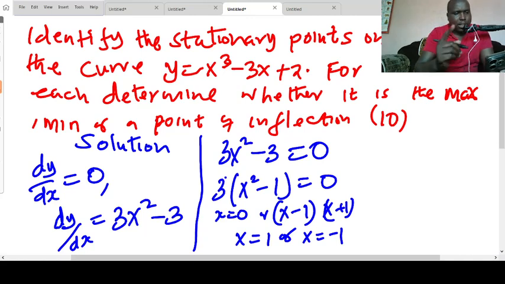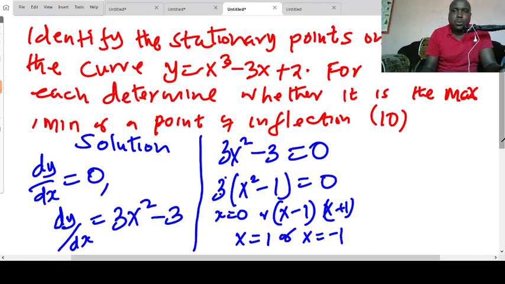And the 3, 3 over 0 is 0, so that's nothing there. Now our value of x is equal to 1 or x is equal to -1.